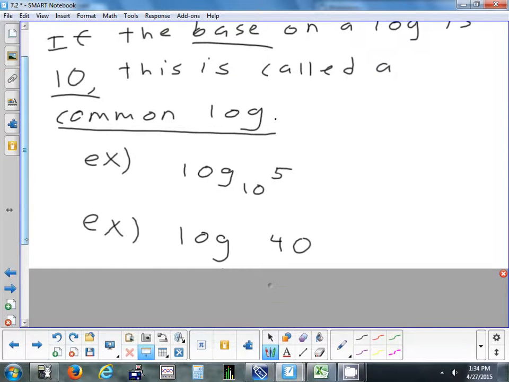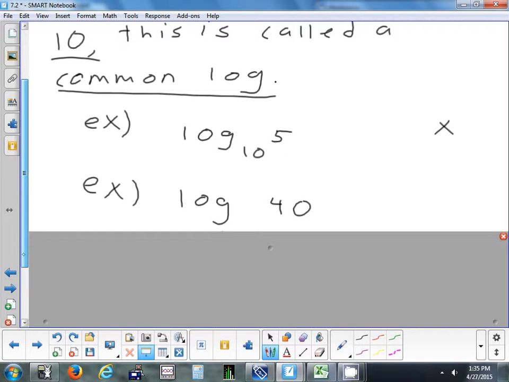What's a pretty big difference in the way I wrote those, besides the exact numbers I used? What do you notice about the second one versus the first one? Yep. There's no subscript. There's no base written there. If you don't put a base on a log, it's kind of like in algebra if you just write a letter and you don't put a number in front of it. There's something that's assumed to be there even though you didn't put it.